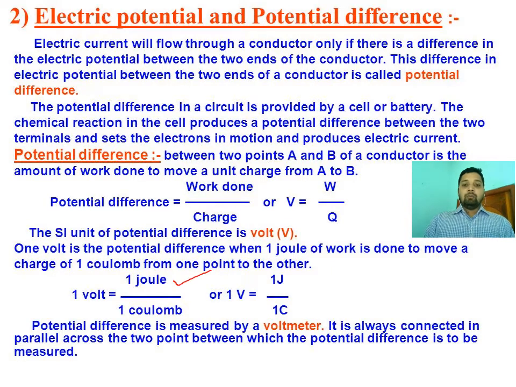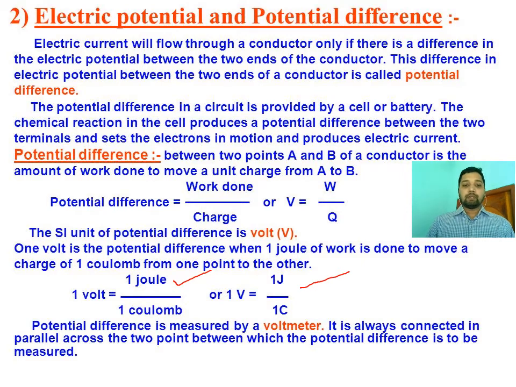That means 1 volt can be defined as: if the work done is 1 joule to move 1 coulomb of charge from one point to another, the potential difference is 1 volt.